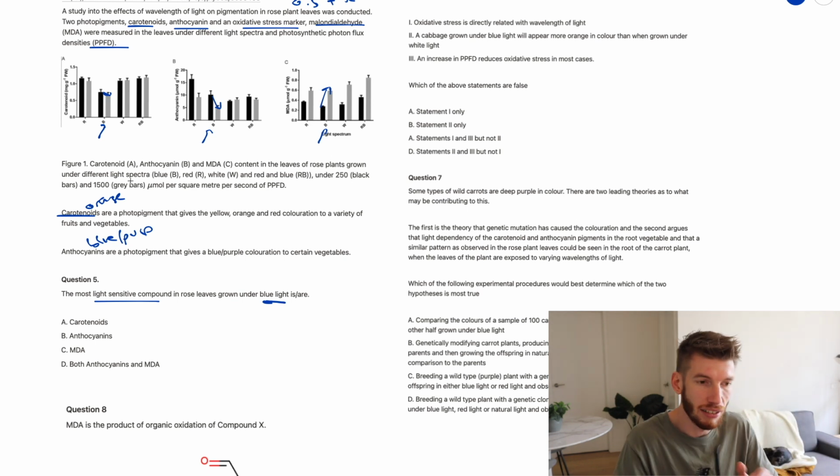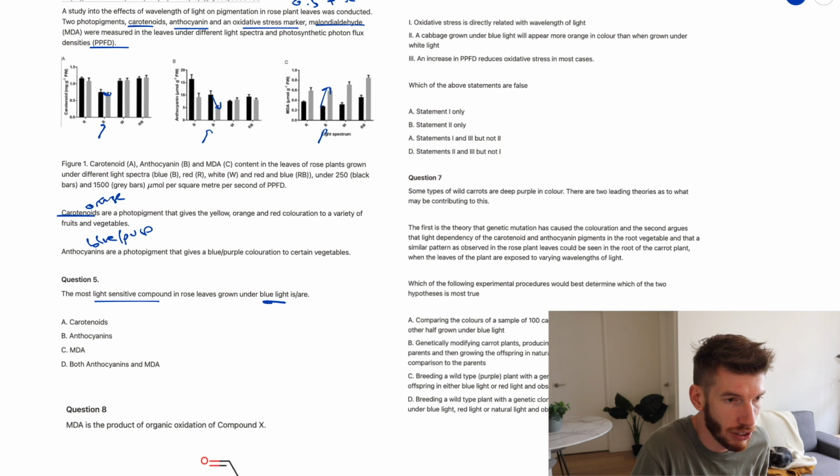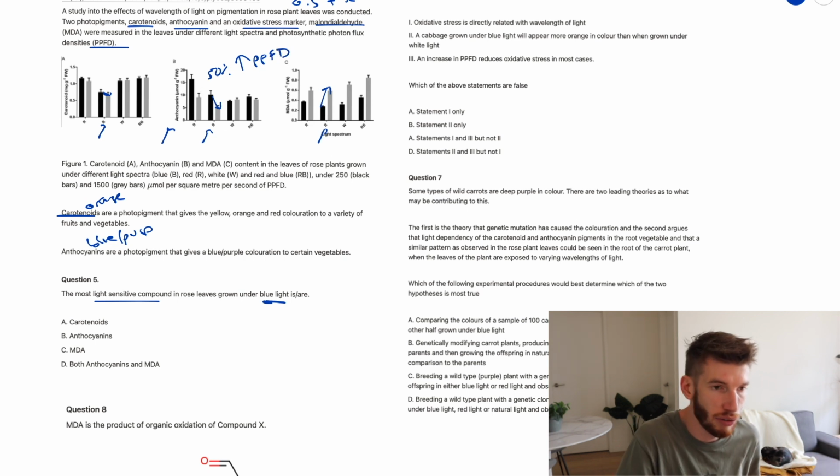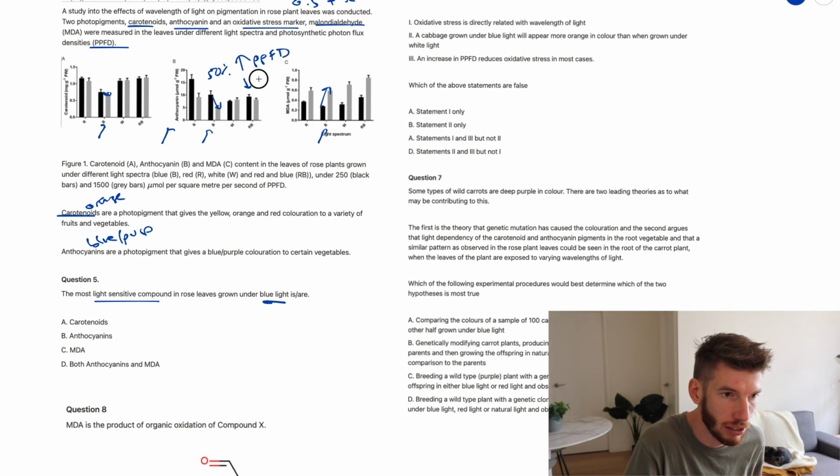But it didn't say that light was increasing or decreasing, it just said light sensitive. So what that means is it's bidirectional. So if I look at anthocyanins, there's a 50% reduction when I increase the ppfd. But if I were just to reverse that relationship, if I was to decrease the ppfd, suddenly then it would be jumping up, and that would be 100% gain, right?